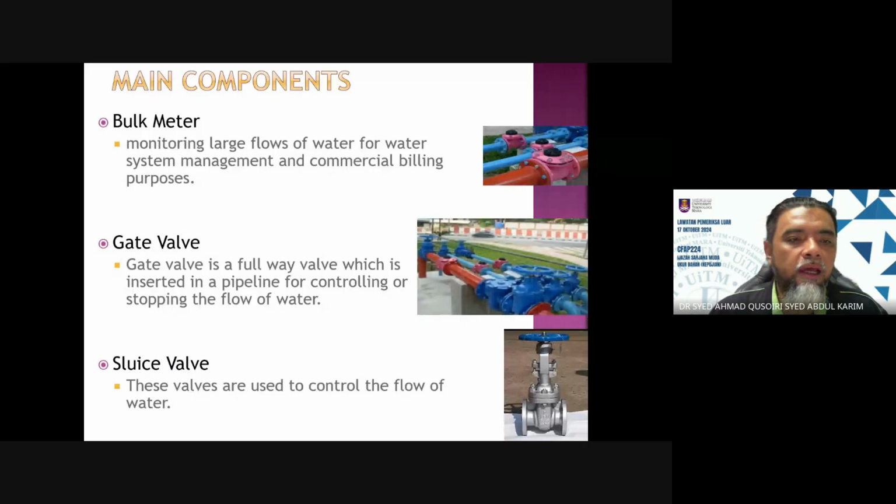So we have what's known as the bulk meter. So the bulk meter usually is installed where the water is being sent to customers that use processed water, okay, in large quantities.